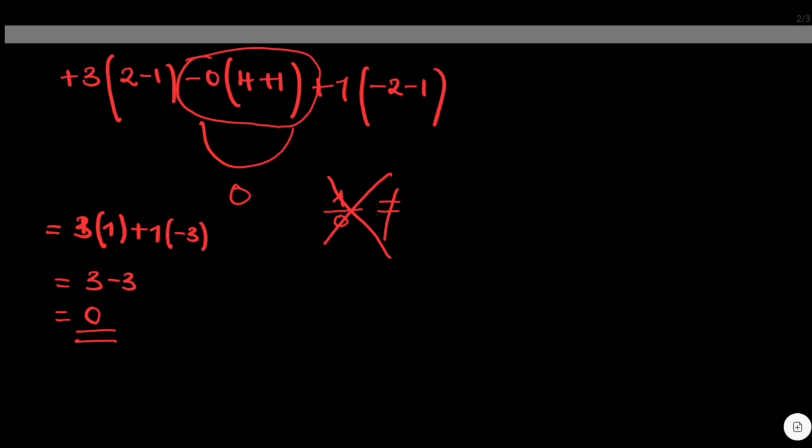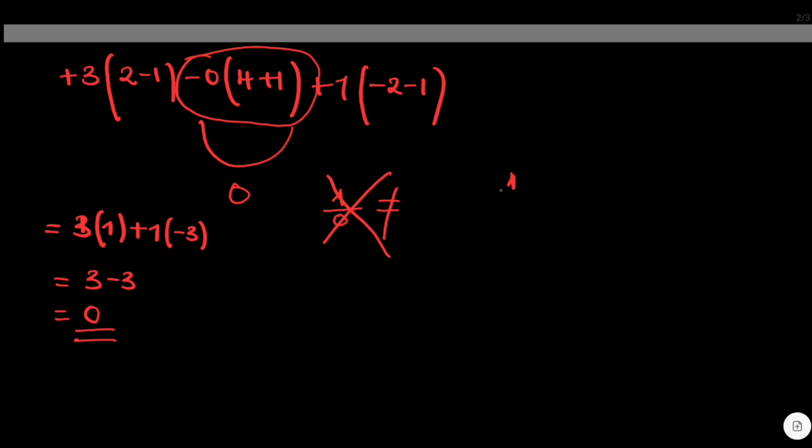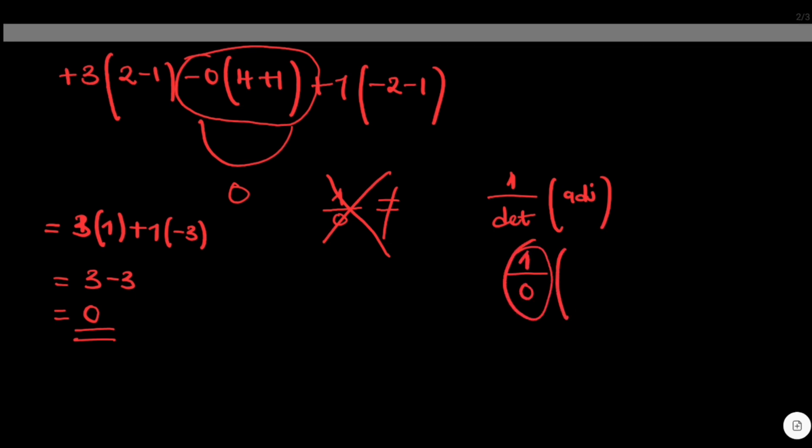If you are given this type of question and the determinant comes out 0, you say that the matrix does not have an inverse, because if the determinant is equal to 0, it is going to be undefined. It is normally 1 divided by the determinant times the adjoint, so 1 divided by 0 times a certain matrix is already undefined, and it will make everything undefined.